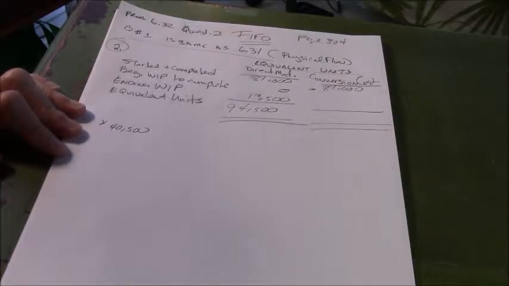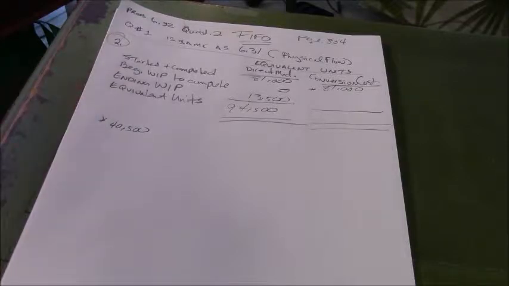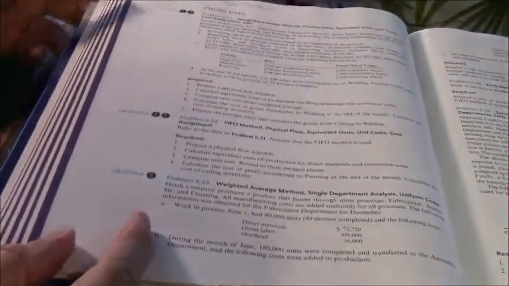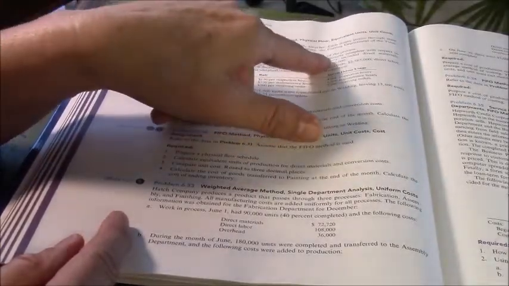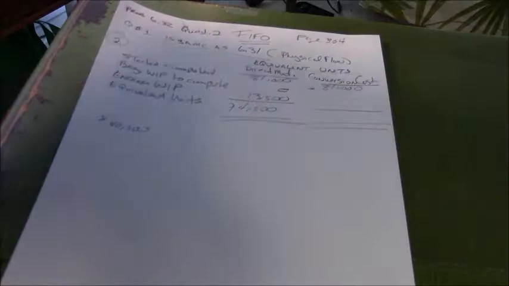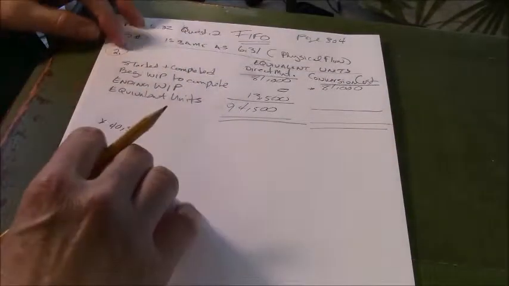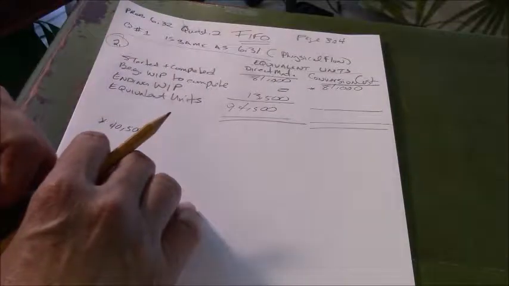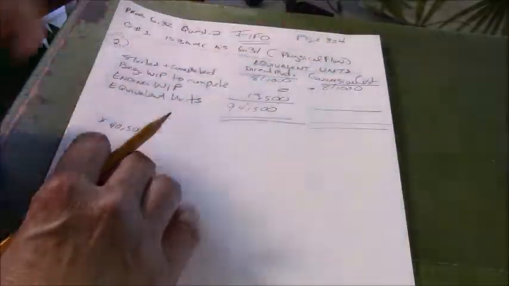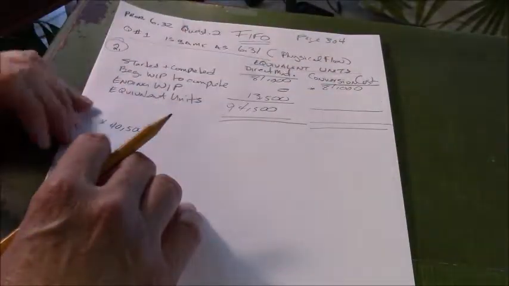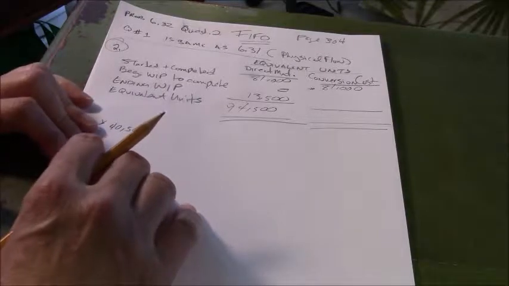And we know also that they were 20% complete. We know that because they told us that. 40,500 beginning work in process, 20% complete. Which means that on day one they were 20% complete. So over the course of the month, we had to complete 80% of them.